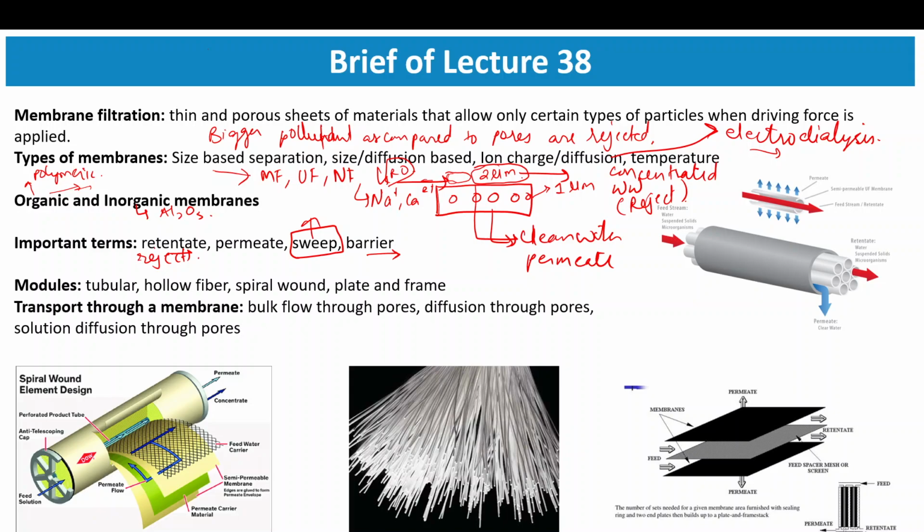Now the water passes inside, and if it passes through the inside of the tube, then the reject will come out from the inside of the tube and the permeate water will pass through the membrane into the outer annular region of the bigger and smaller tubes. This annular region will have permeate, or clean water.